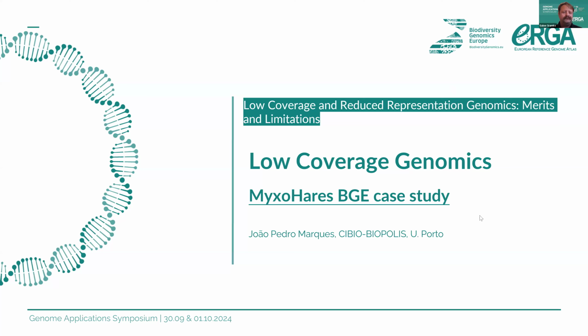Thank you. Okay. So briefly, I will change a bit the way I present the case study where I am involved and put more effort on the rationale that drove us to use low coverage genomics in the end.